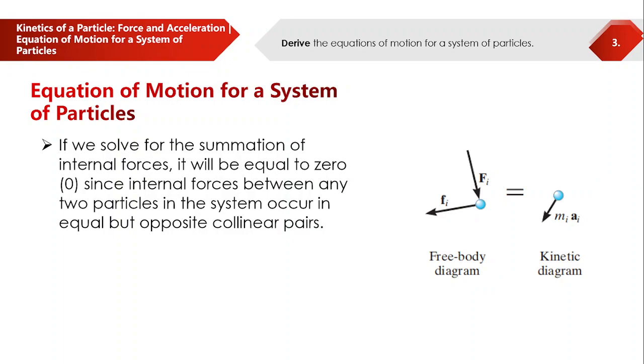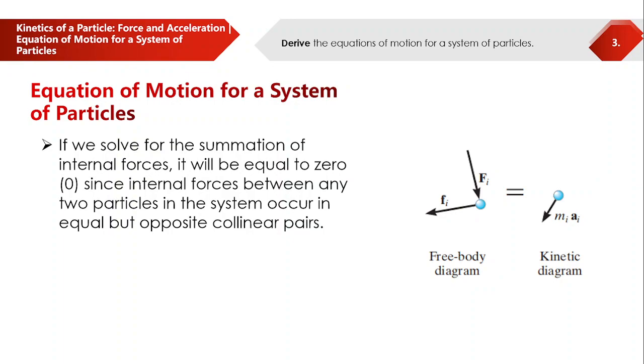Say, if this particle exerts on the other particle, mag-exert din yung kabilang particle with the same magnitude of force but opposite in direction. Kunwari, the magnitude na exert ng particle natin is 100 Newtons, and then sa kabila, that will be negative 100 Newtons. So, summation nilang dalawa is 0.